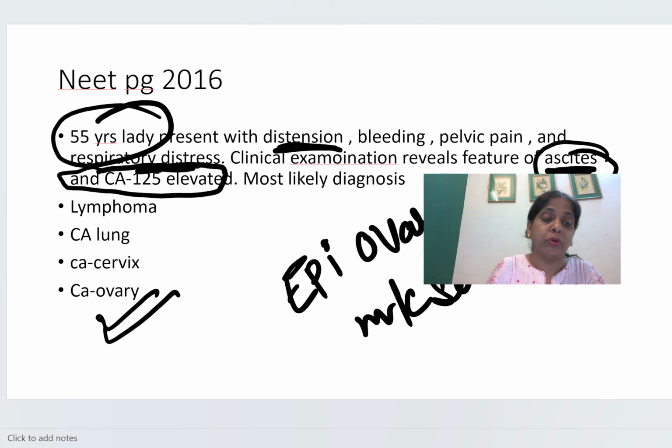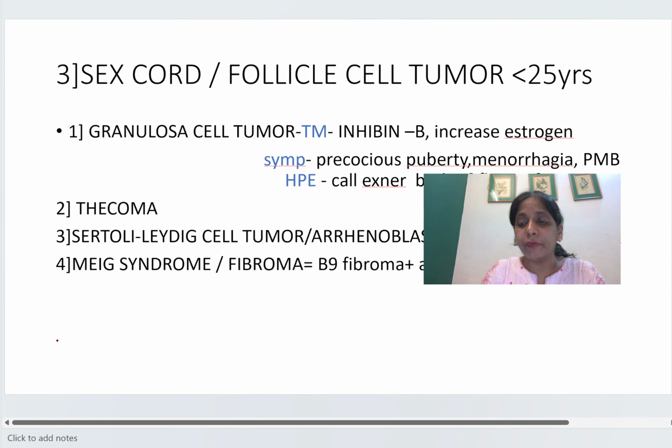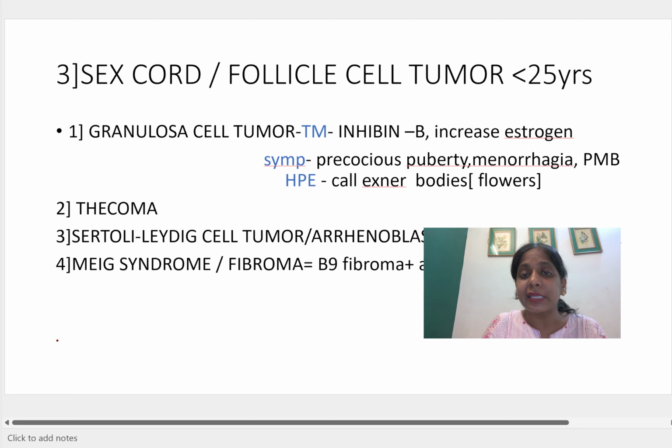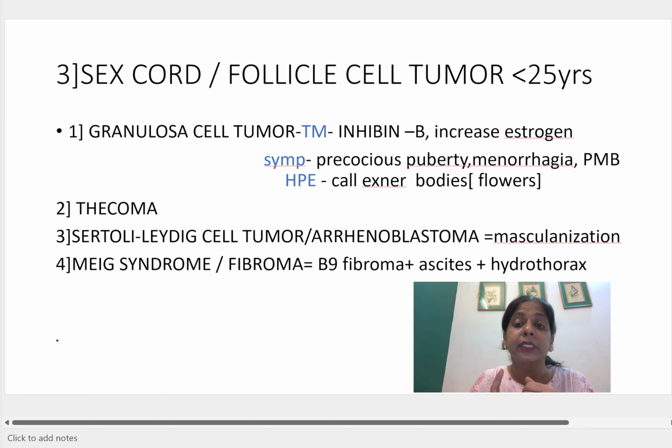Okay, now let's move to the last topic of the ovarian tumor, which is the sex cord or the follicular cell tumor. You all know that there are two types of cells, the granulosa cells and the theca cells. If the granulosa cell becomes tumorous, then its tumor marker is inhibin B and estrogen, but estrogen is raised in many other diseases also and is non-specific.